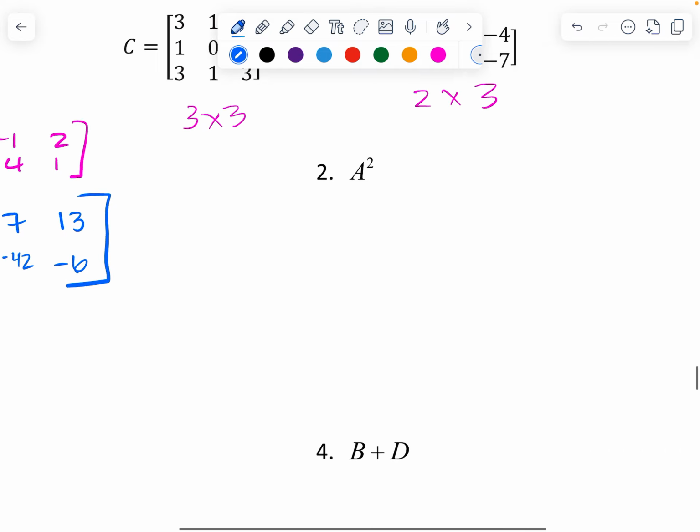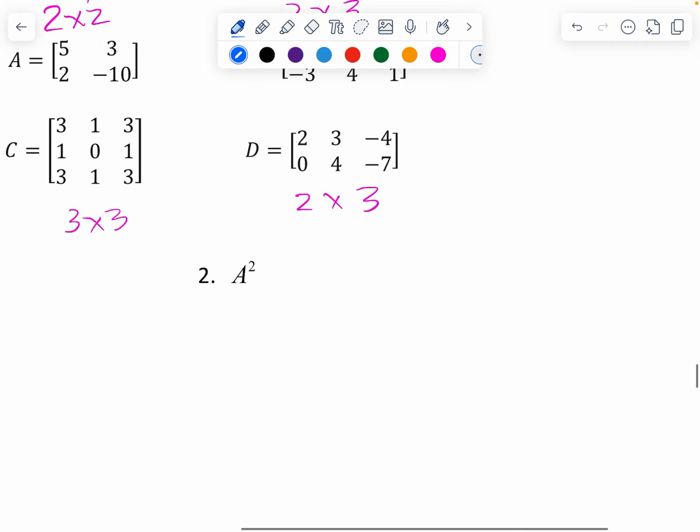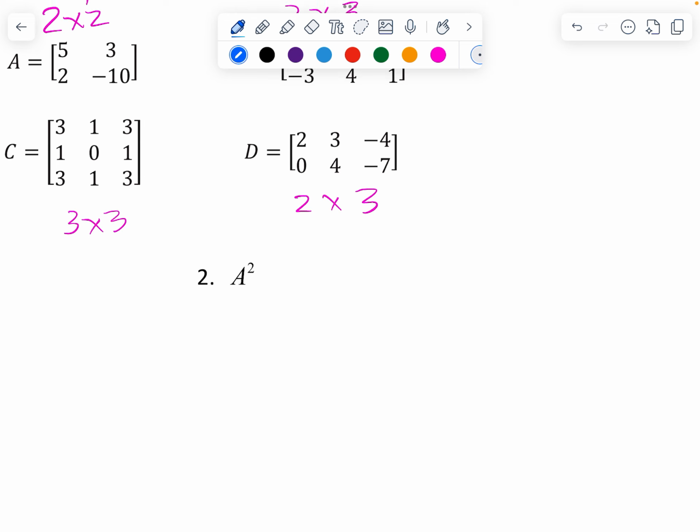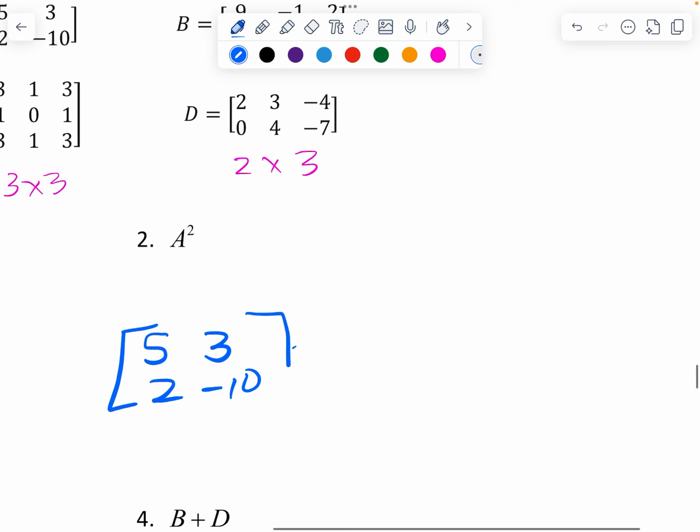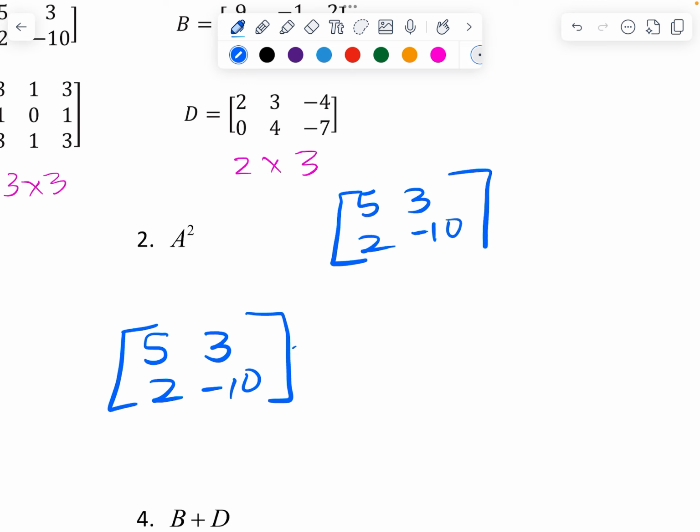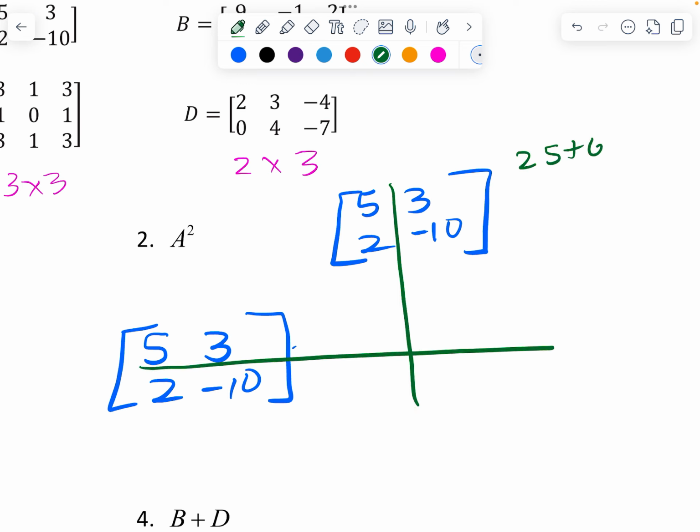Okay, so A squared. That means I'm going to do 5, 3, 2, negative 10, times 5, 3, 2, negative 10. So 25 plus 6, that's 31.